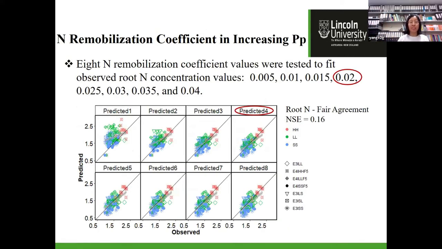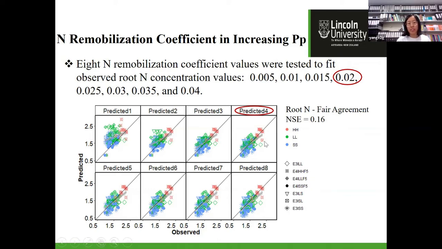So yes, yesterday we mentioned remobilization. So remobilization was more of nitrogen remobilization to help shoot regrowth after defoliation. So for nitrogen remobilization, we tested 8 different values for the nitrogen remobilization coefficient and saw which one fit the best.